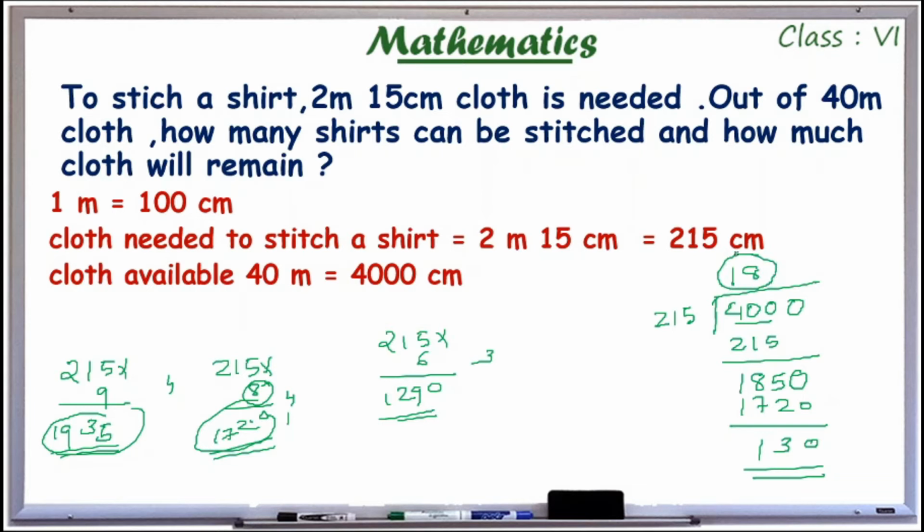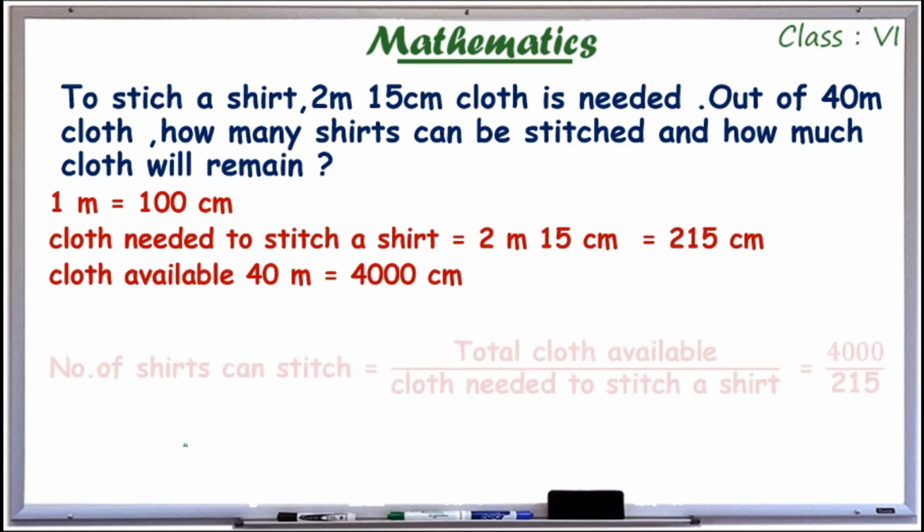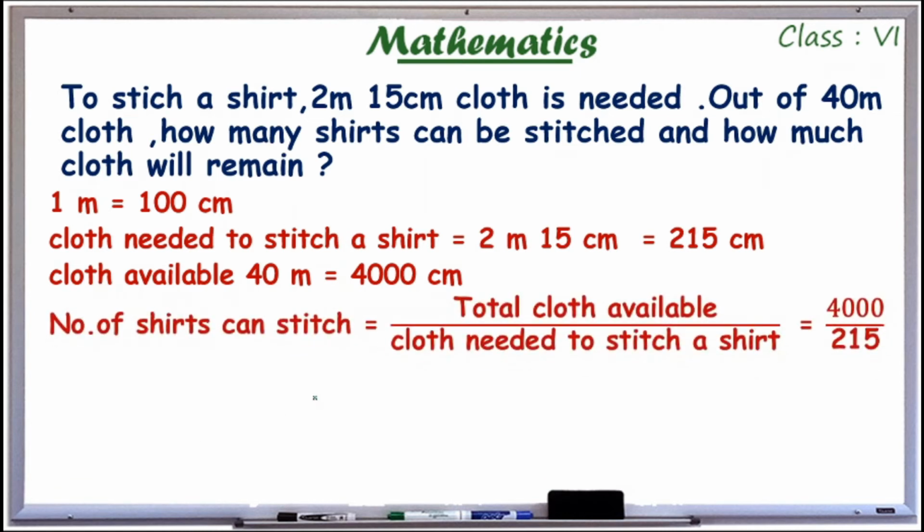If you don't know division, ask your parents. If you still have some doubts on division, you can call me. So division you have already learned in your previous classes. So we get 18 as the answer. So number of shirts, the total cloth divided by the cloth needed for a shirt, is equal to 4000 by 215.